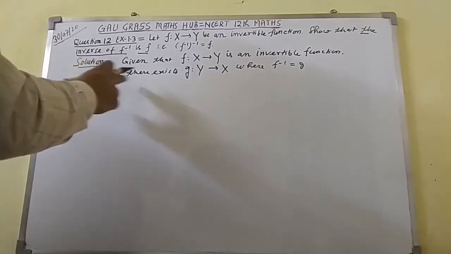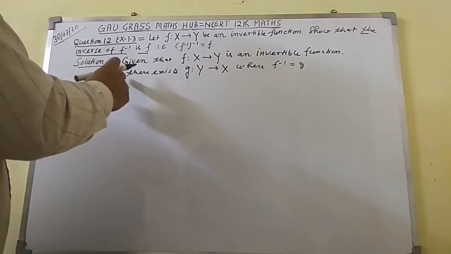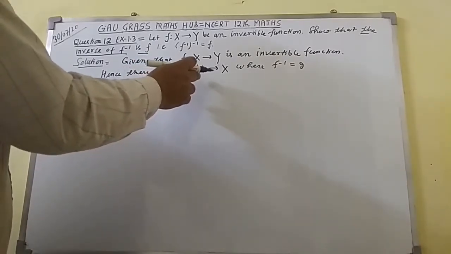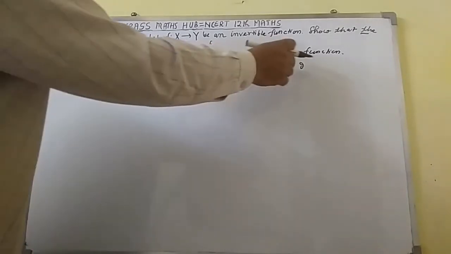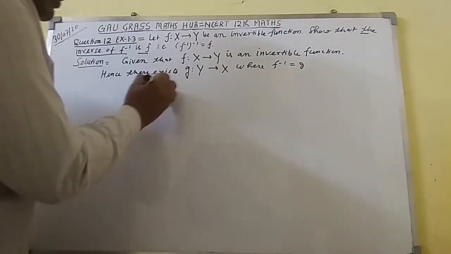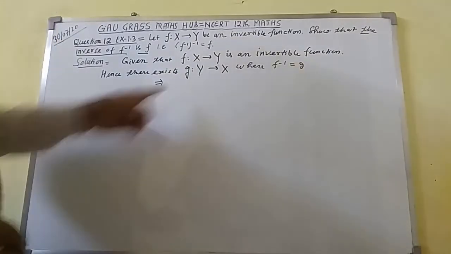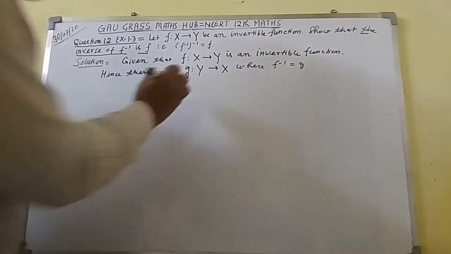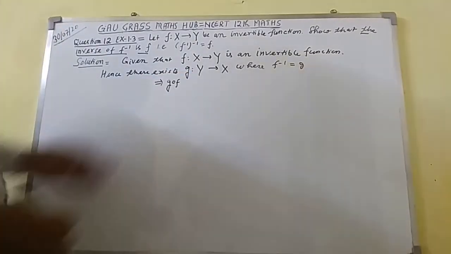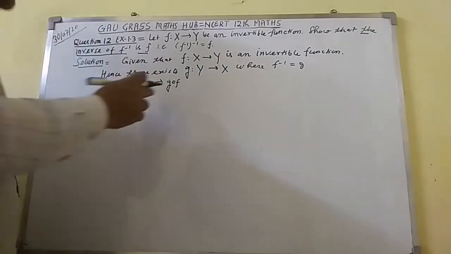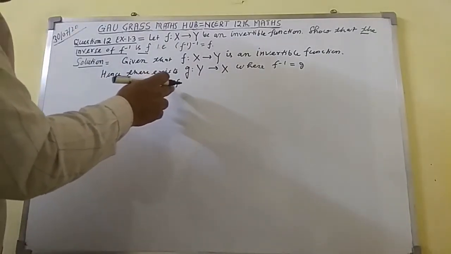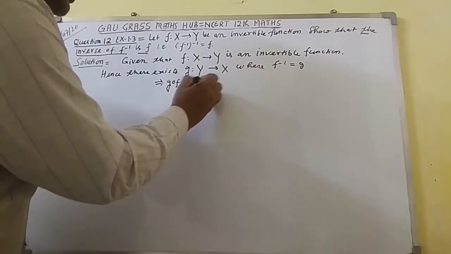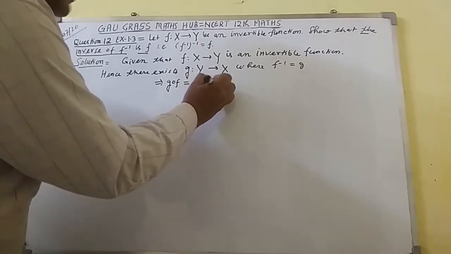So g: Y → X, where f inverse equals g. Next, write g o f, that is g of f, equal to (g o f)(x).